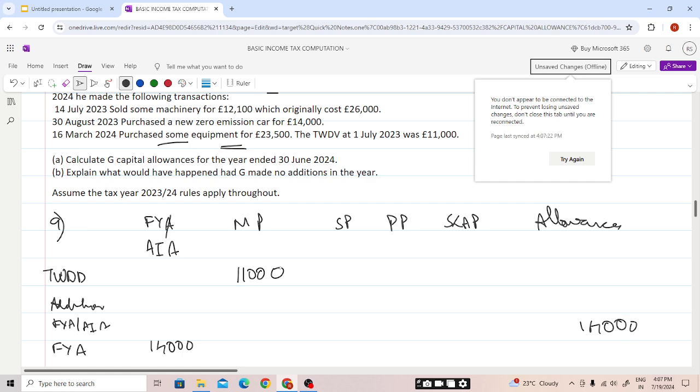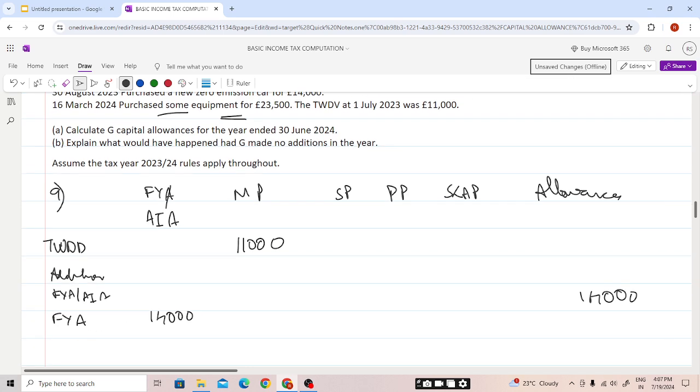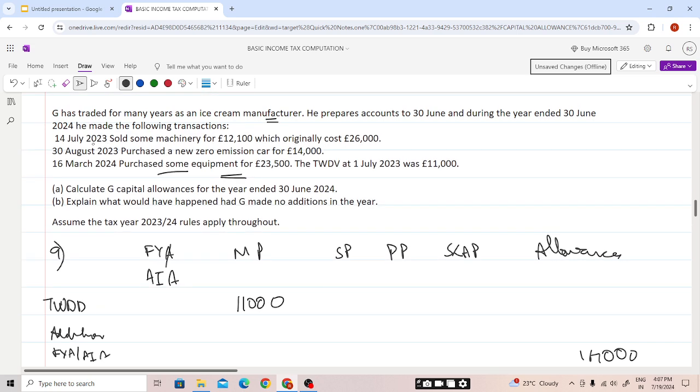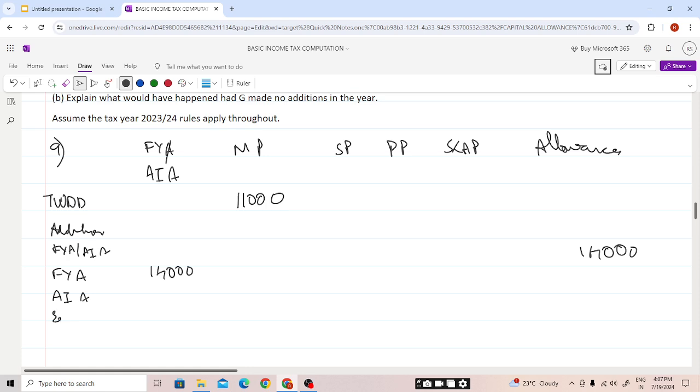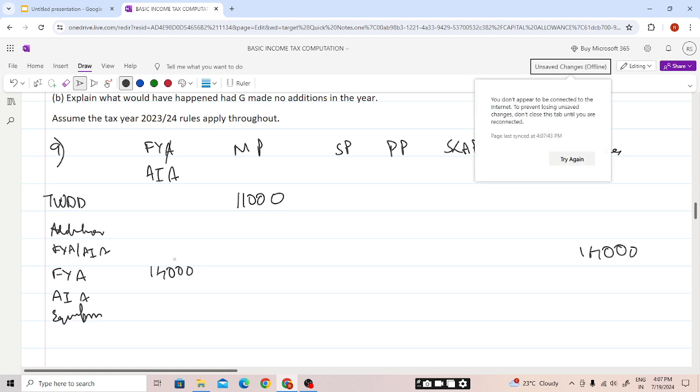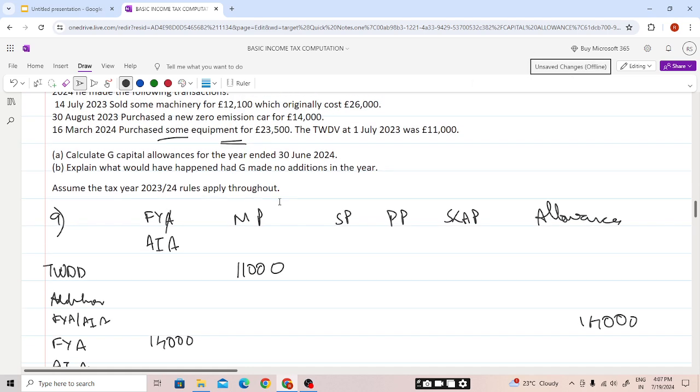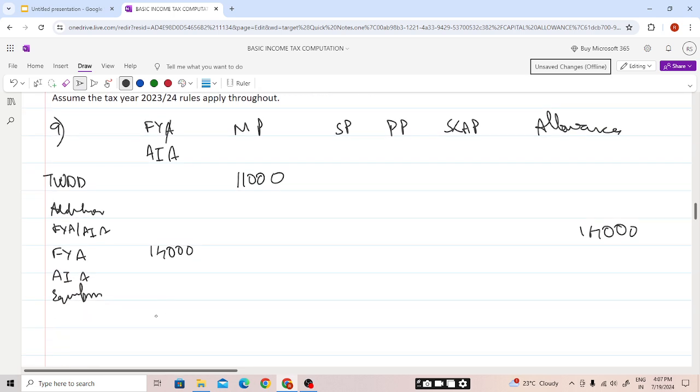Now AIA, students. The first addition is the purchase of some equipment on 16th March. So equipment, it will be, students, 23,500.